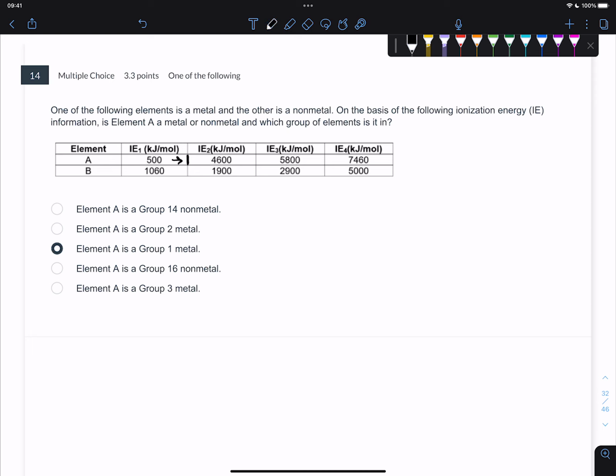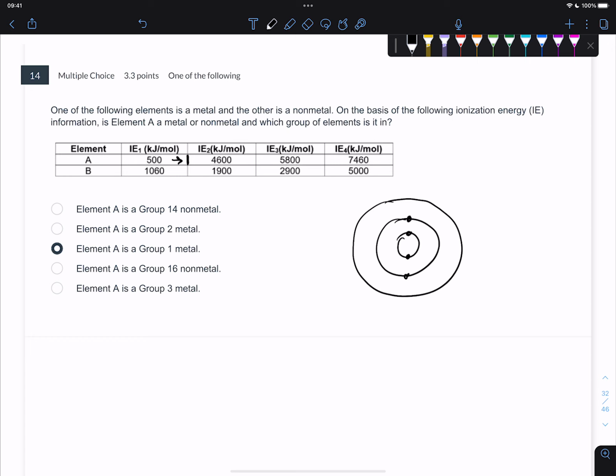Remember that if I were to sketch this out, I don't know which element A is, but if we have our electrons filled in like this, so we have 2, then we have 8 in the next one. What's basically being represented here is that this electron is plucked away, and that's how much energy it takes to do that.